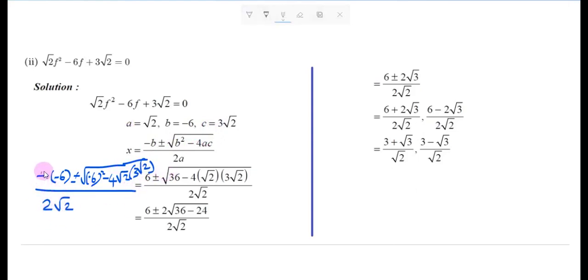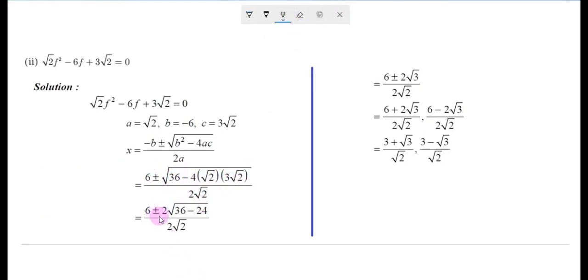Understood? So minus into minus is plus, and 6 plus or minus root of 6 square, this is 36, minus 4 root 2 into 3 root 2, whole divided by 2a, 2 root 2.